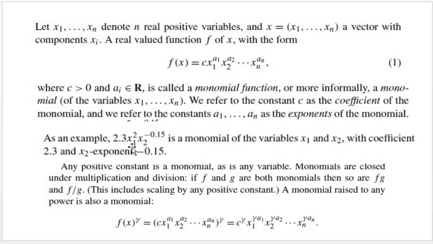For example, 2.3 x1 squared into x2 raised to minus 0.15 is a monomial of variables x1 and x2 with coefficient 2.3 and x2 exponent minus 0.15. So any positive constant is a monomial. Monomials are closed under multiplication and division.